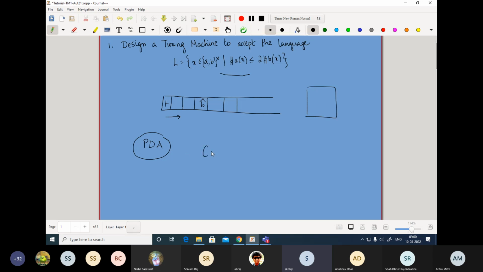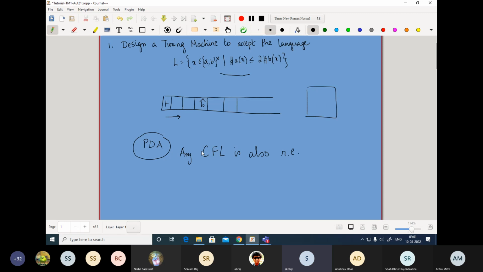Then you can basically show that any CFL is also recursively enumerable.